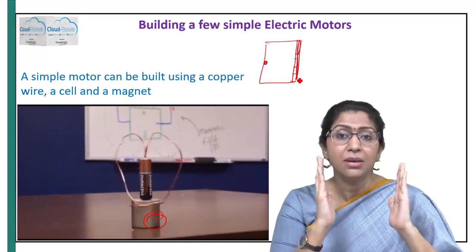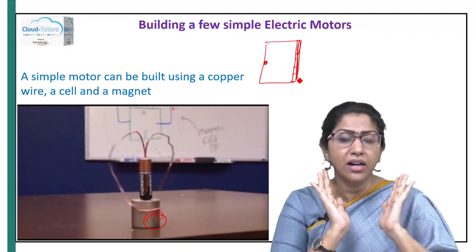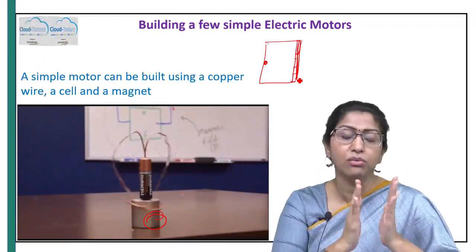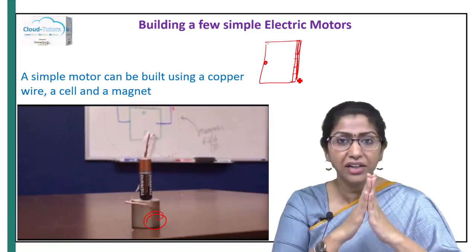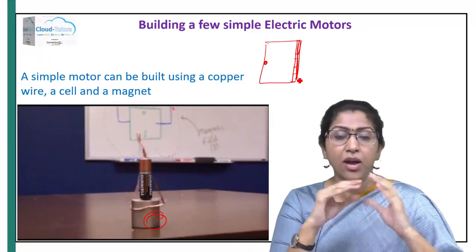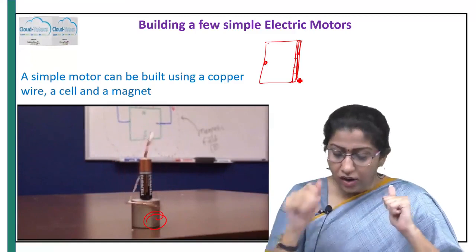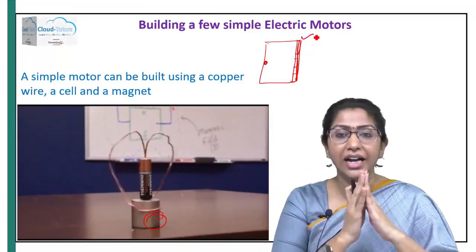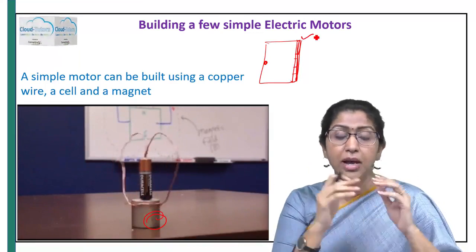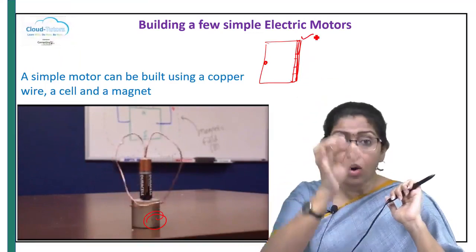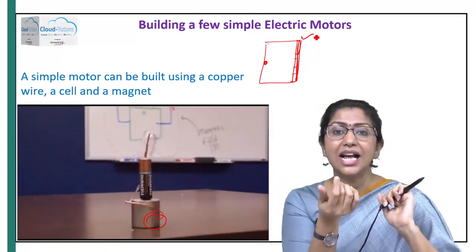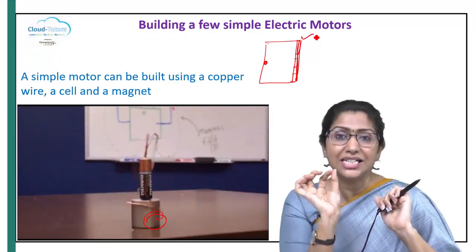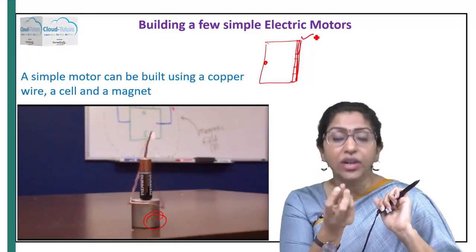This force should push or pull the current carrying conductor, which is what you saw in that video. But here there is a rotation. Why is that? Because of this turning effect of the force. Because we have fixed the coil at one end, it is producing a turning effect in the coil, and this is exactly why it is rotating.